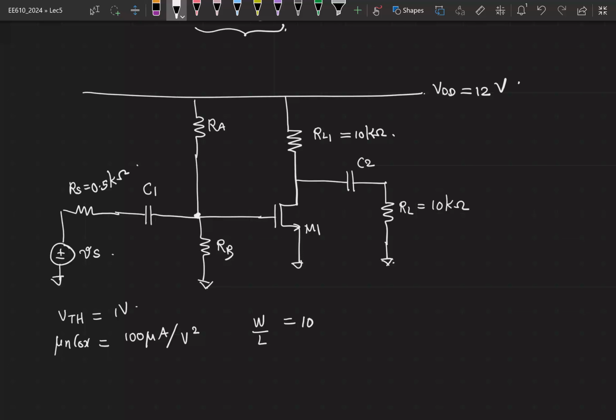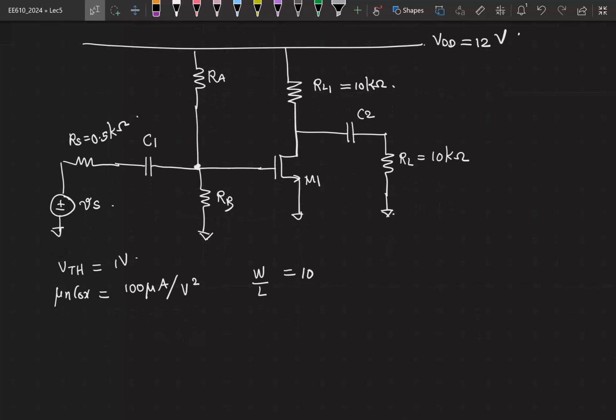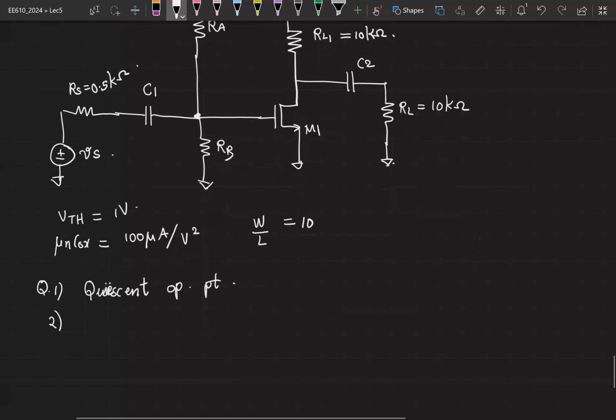So you can start by first calculating the quiescent operating points. Once you calculate the quiescent operating point, what should be the next major calculation?